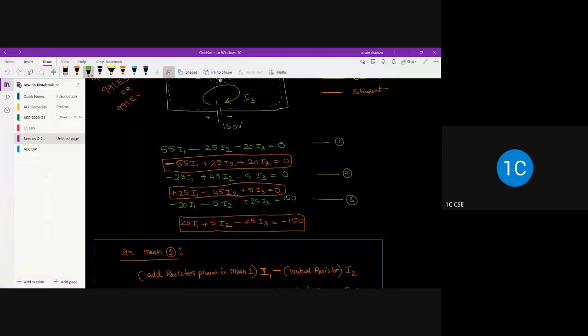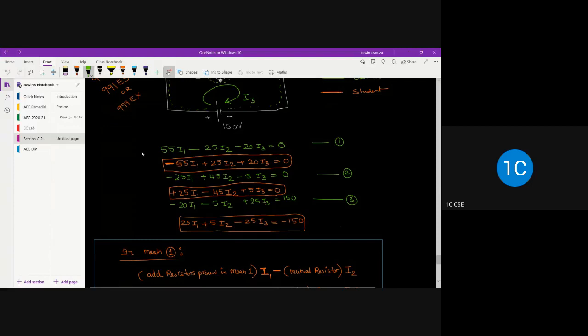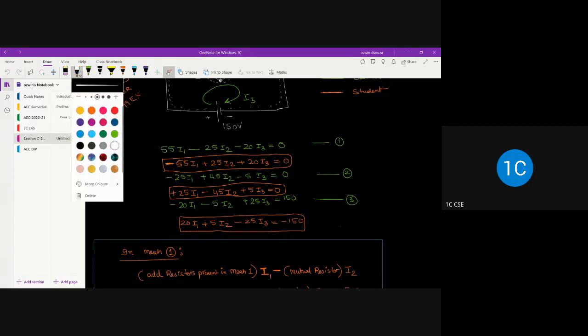I thought I could tell you the live working of the calculator, but there was some lag in the network. Okay, fine. So let me select the white one.